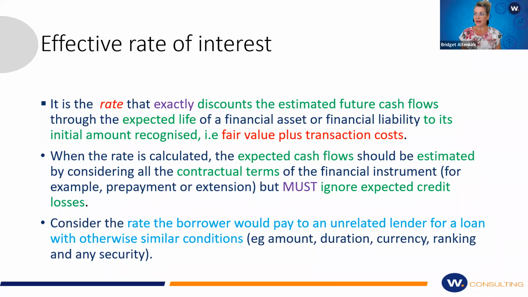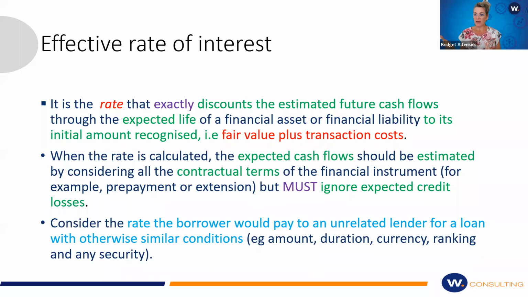It's the rate that an entity discounts the estimated future cash flows over the expected life to its initial recognized amount. IFRS 9 says all financial instruments are measured initially at fair value, and your amortized cost instruments are measured at fair value plus transaction costs. So if you now need to calculate your effective interest rate, take your financial calculator. Present value would be your fair value plus transaction costs on day one.